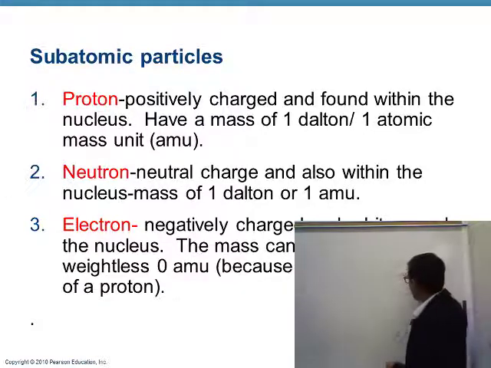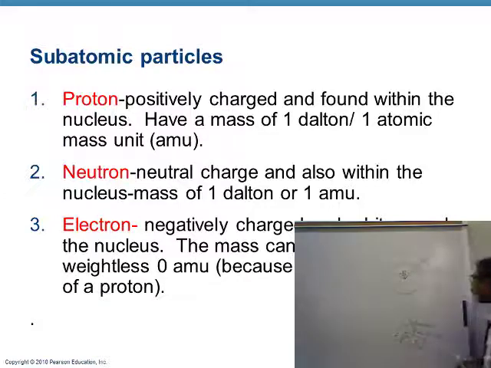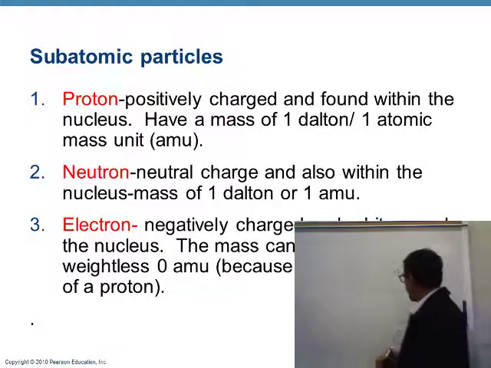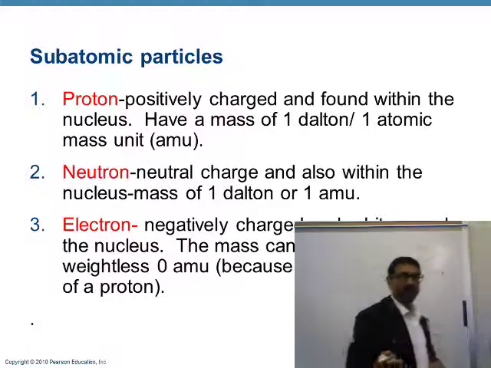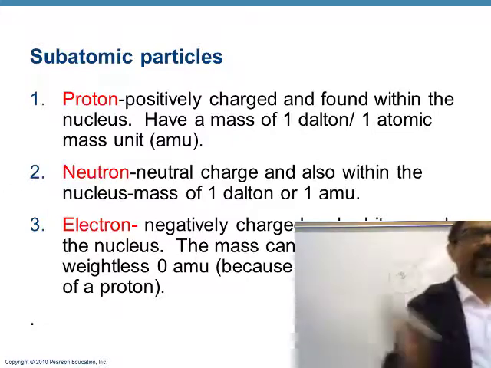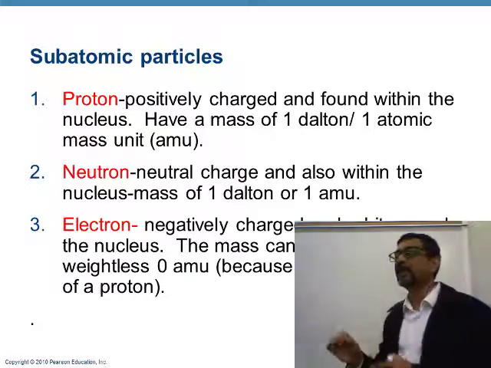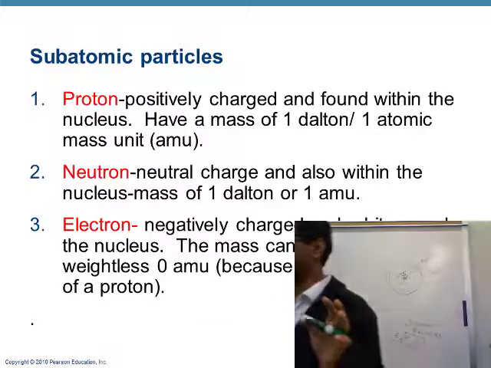So here you have three protons, that means three positive, and in the nucleus you also have neutrons. Neutrons are neutral, also easy, N. Neutrons don't have electrical charge.